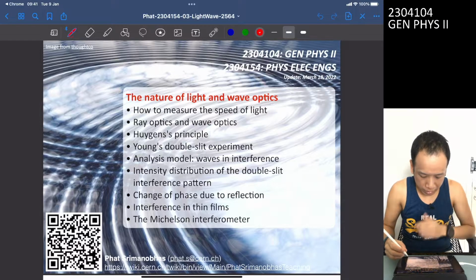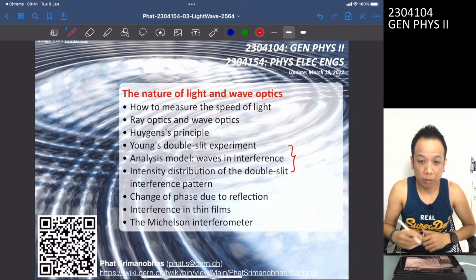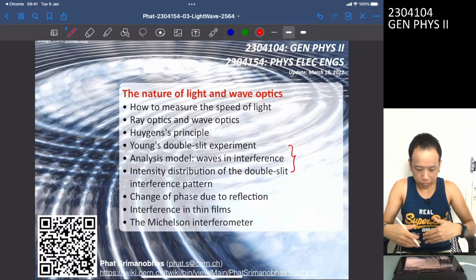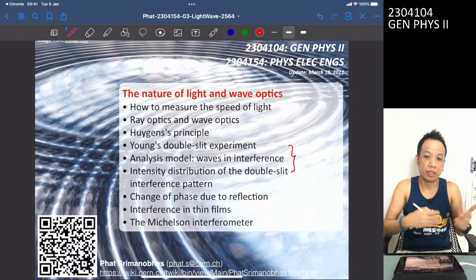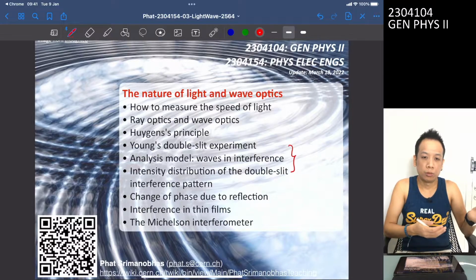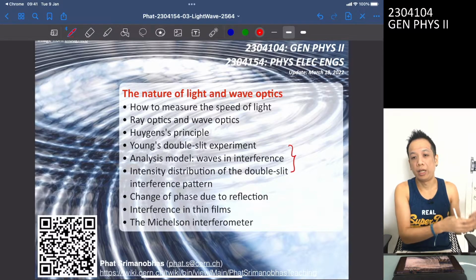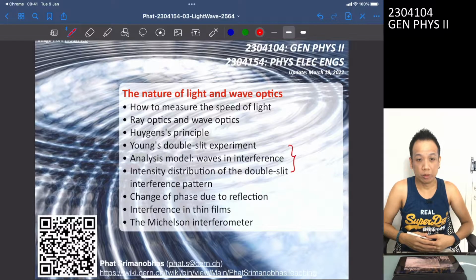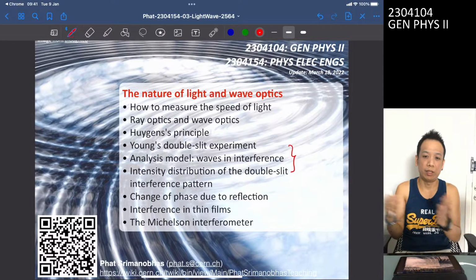However, in these lectures, these three topics will not be aligned in this list of topics. I may start with the intensity first, starting from what you have learned before, and lead that to the result of the double slit experiment, and then we talk about Young. So Young's experiment comes at the end.